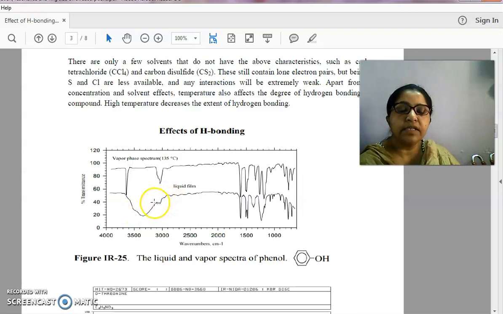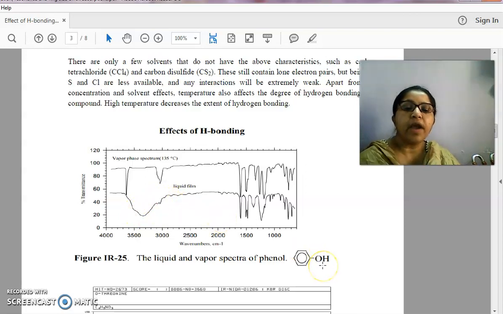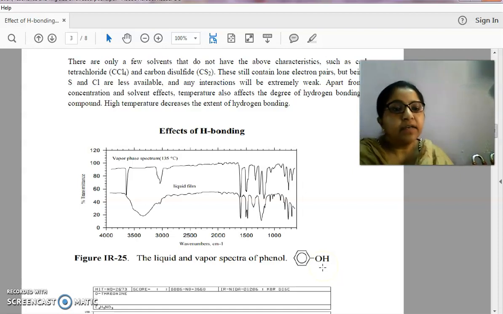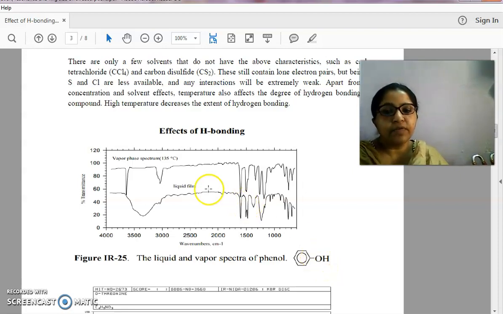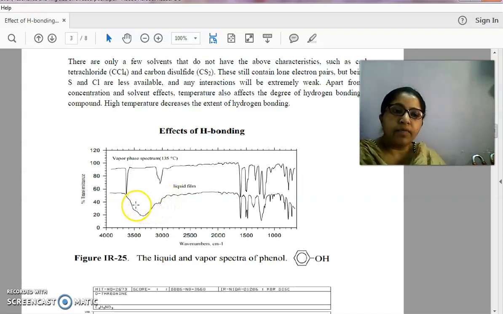So what is the reason? The reason is that here phenol is forming hydrogen bonds with other phenol molecules. It is in the liquid phase, but it does not have any solvent. One phenol is forming a hydrogen bond with another phenol molecule, and this hydrogen bond makes the OH bond weaker, and therefore there is a shift.